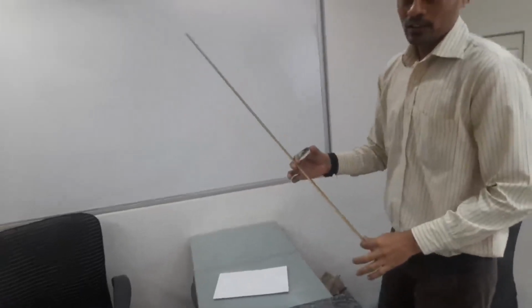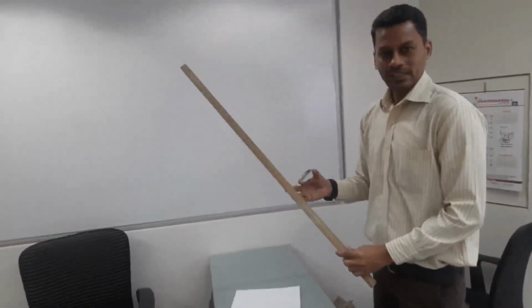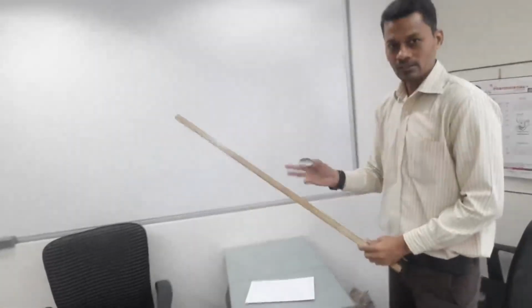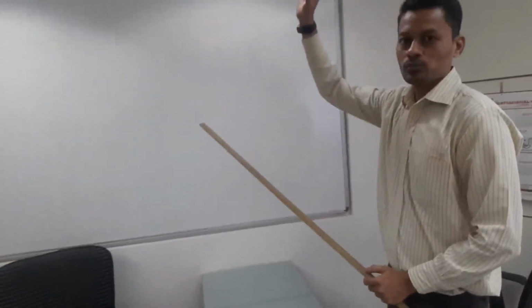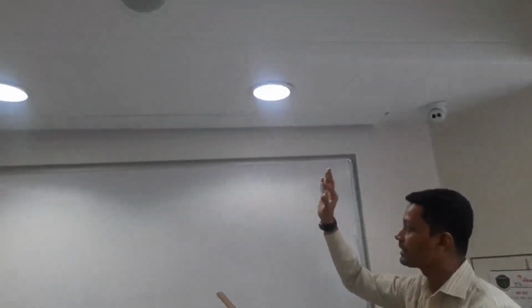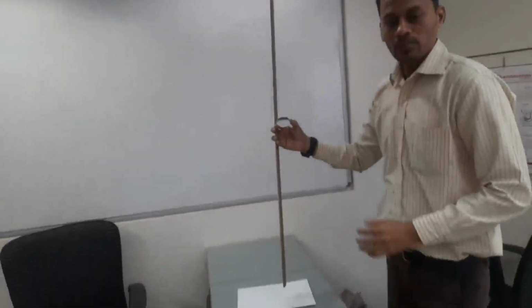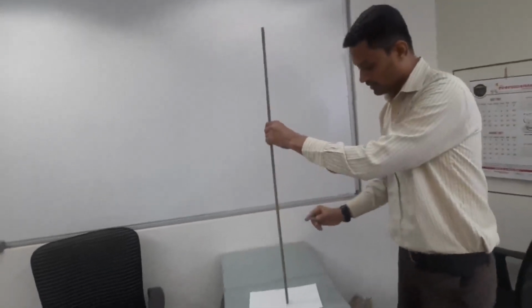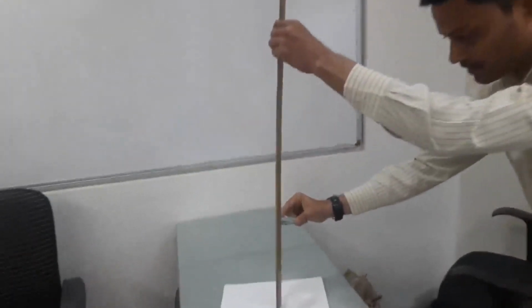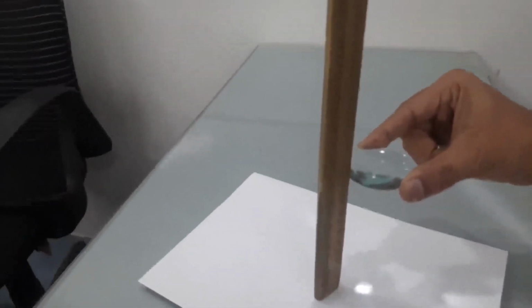To find the rough focal length, you need a scale, a lens, a screen and an object. For the time being we are taking this CFL bulb as the object. So this is the object. I keep the scale here and adjust the lens in such a way that I get the image of this CFL.